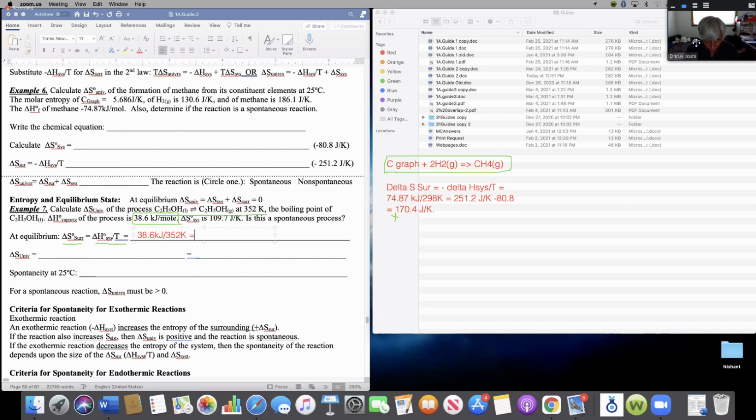And that equals, we're going to convert that into joules now, 110 joules per Kelvin.